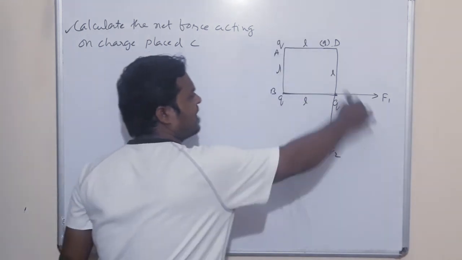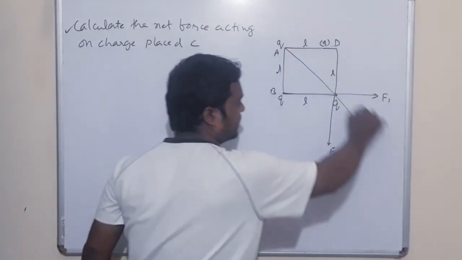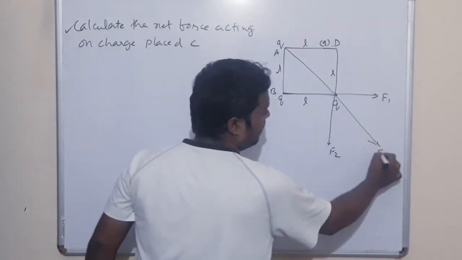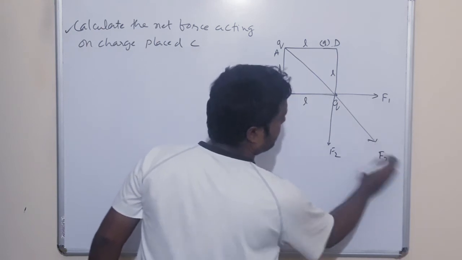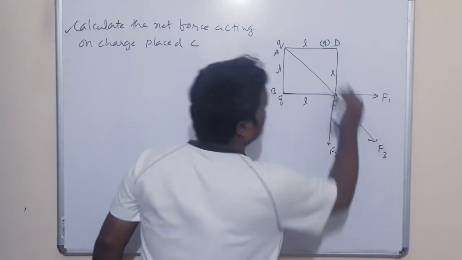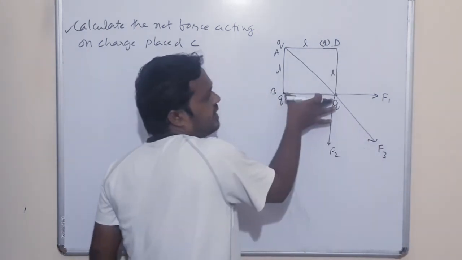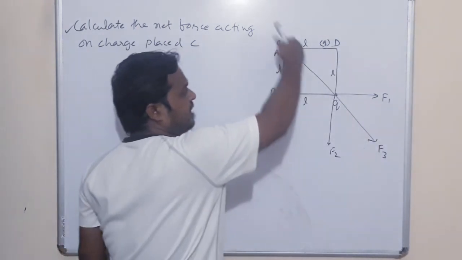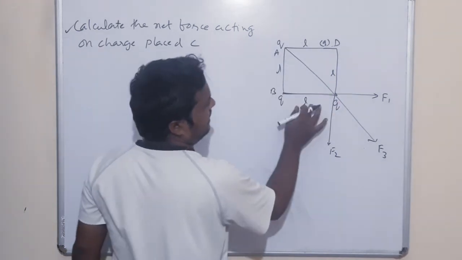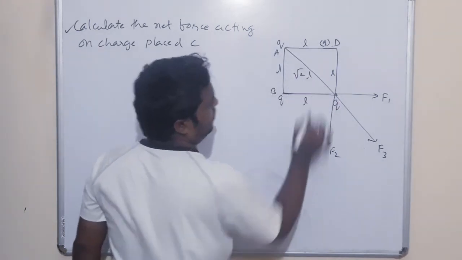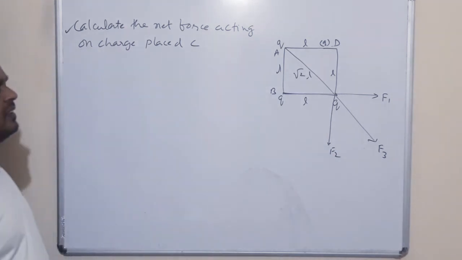This charge is repelling it along the line joining the two charges. Let us call this F3. For F1 and F2, charges and distances are the same. For F3, again charges are the same but the distance is different. This is L, this is L. By Pythagoras theorem, this is root 2 L.